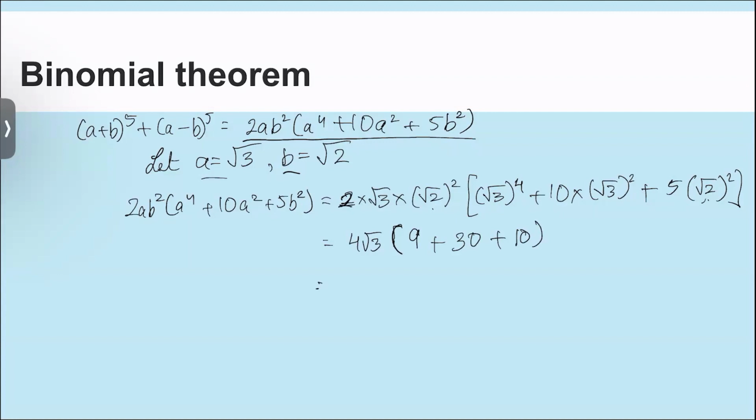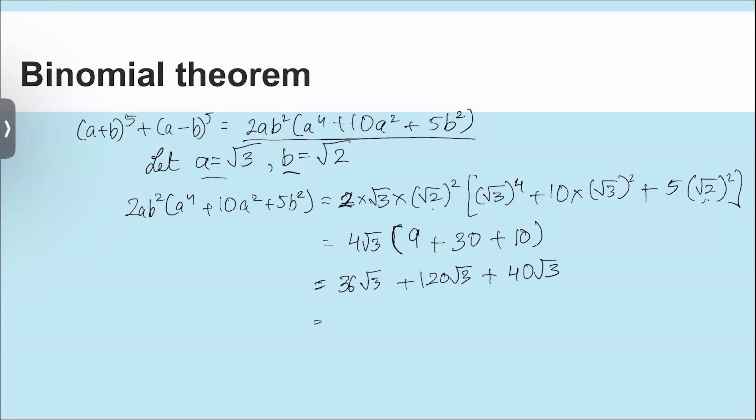Now you multiply 4 root 3 by all the terms inside. What you get is 36 root 3 plus 120 root 3 plus 40 root 3. All these terms have root 3, so you can add the parts that are outside the root.